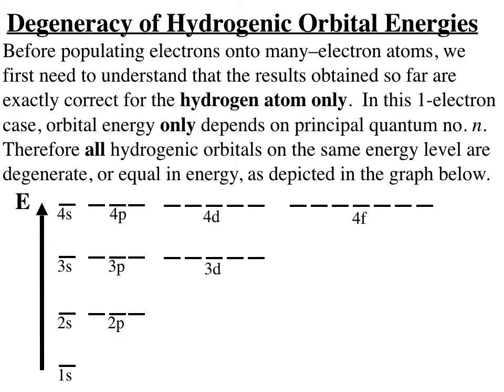This is not what we see when we go to actual many electron atoms. So let's try to explain on the next few slides what the difference is between this picture and what we actually see for the many electron atom.